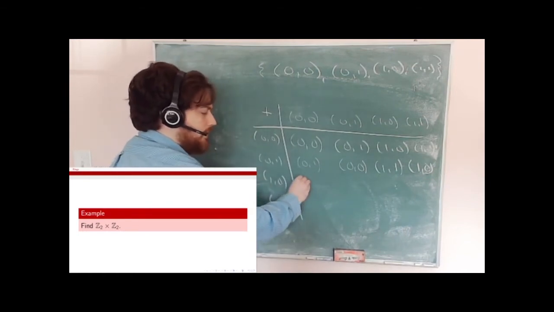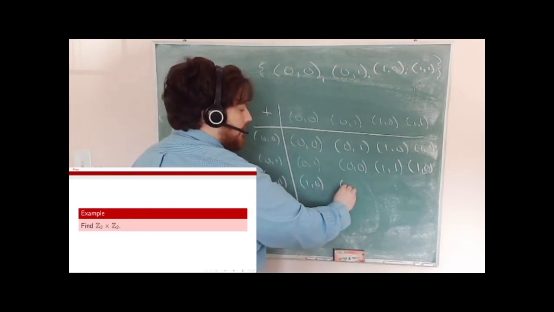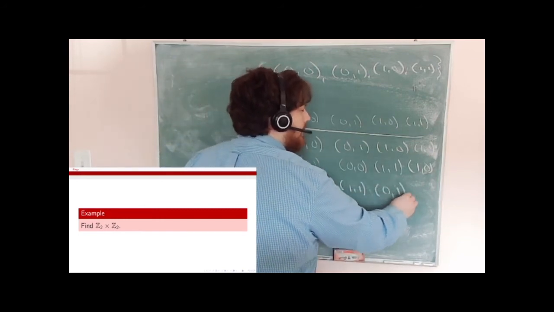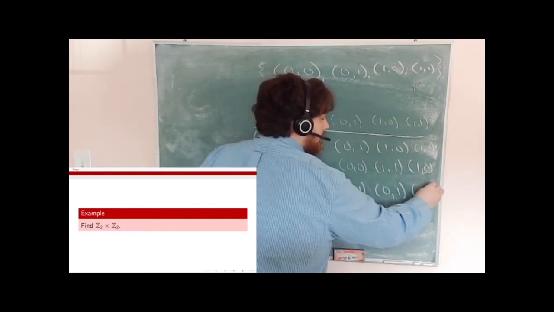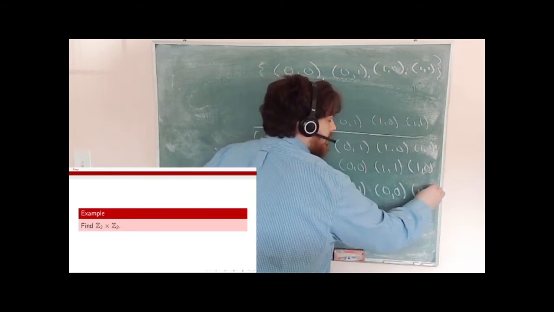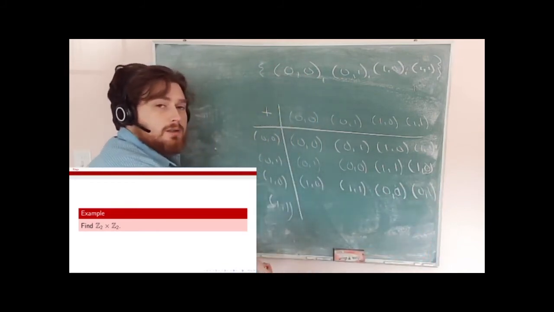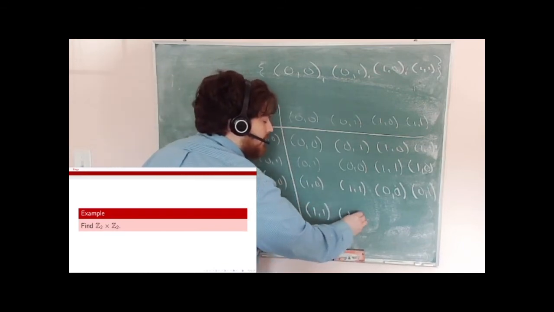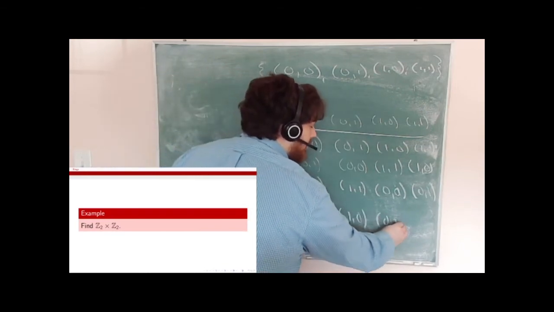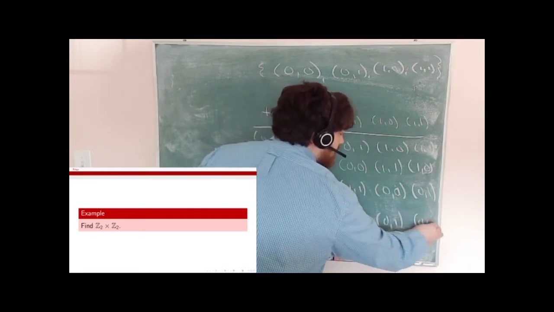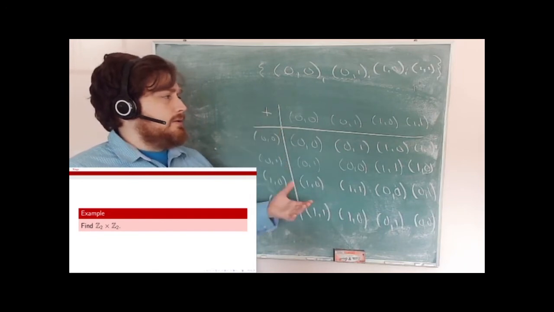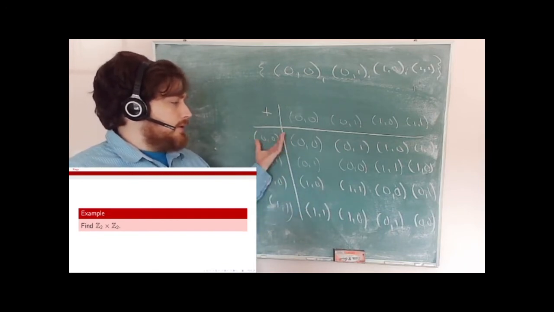And then continuing through, I get (1,0), (1,1), (0,0) here, and (0,1) here. And then lastly, we add (1,1), and I get (1,1), (1,0), (0,1), and (0,0). So under addition, Z2 cross Z2 is just going to look like this.